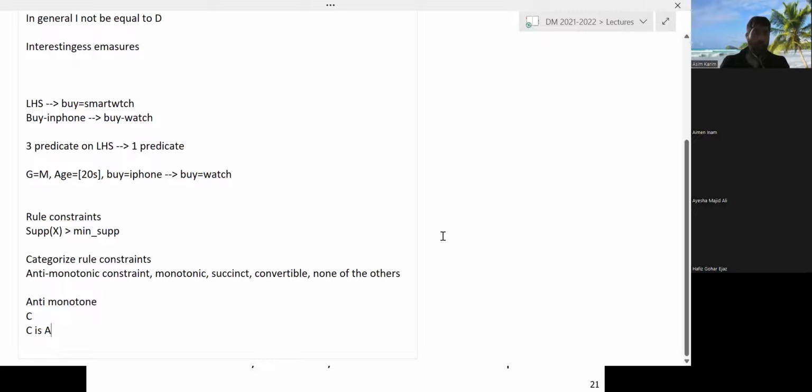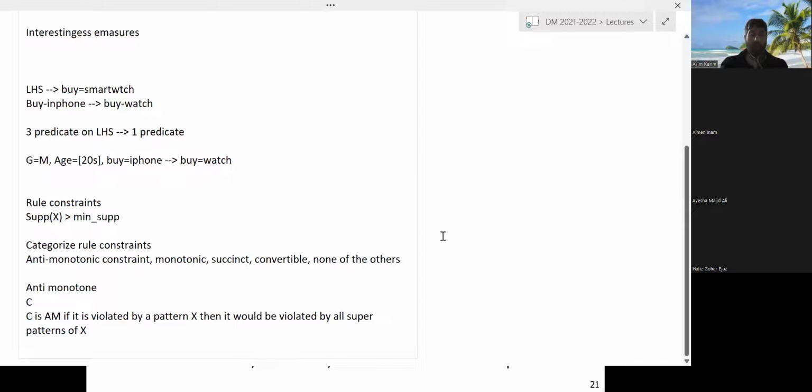So C is anti-monotone if it is violated by a pattern or any pattern X, then it would be violated by all super patterns of X. So these constraints C are called anti-monotone, meaning that if these constraints are violated for any pattern, then we know for sure that they will be violated for all super patterns of that pattern. Okay?